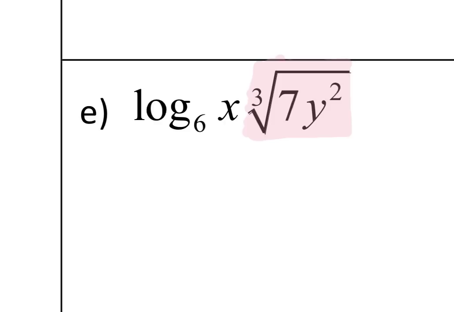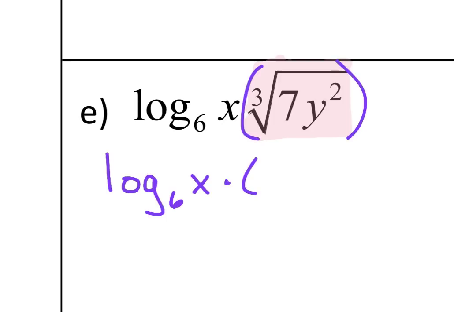And so I'm going to try to write this as just a multiplication problem where if it has a fraction exponent, it's only a fraction exponent on one thing each. For example, here, I've got log base 6 of x times everything here, put inside parentheses to the 1/3 power.